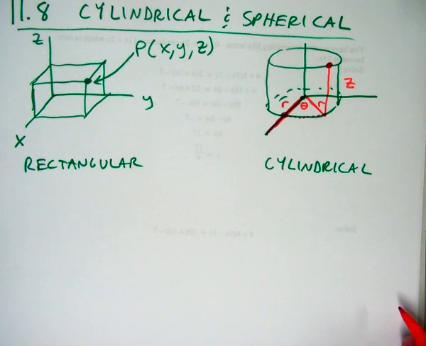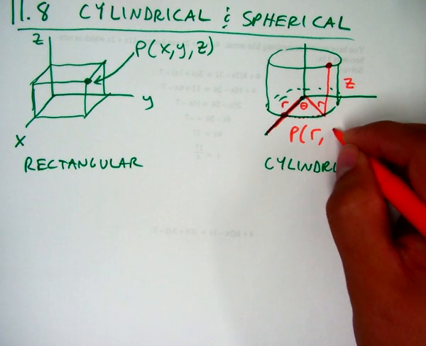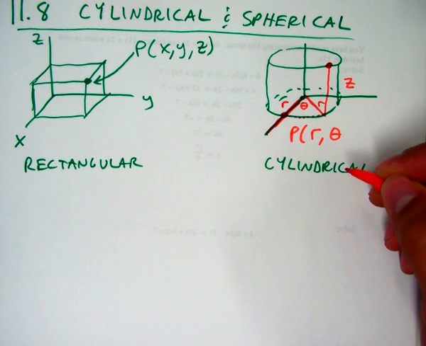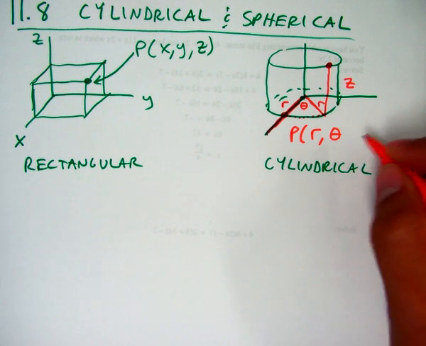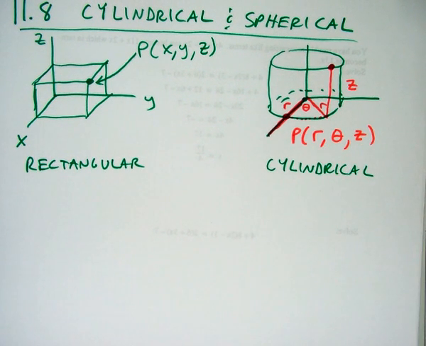So in our cylindrical system, our points will be defined as r comma theta, which is actually how you define polar, right? The only added component here is that you have a height attached to that. Okay, so that's what we mean by cylindrical. It's exactly like polar, but now you're just either going up or down a certain amount. Does that make sense so far?